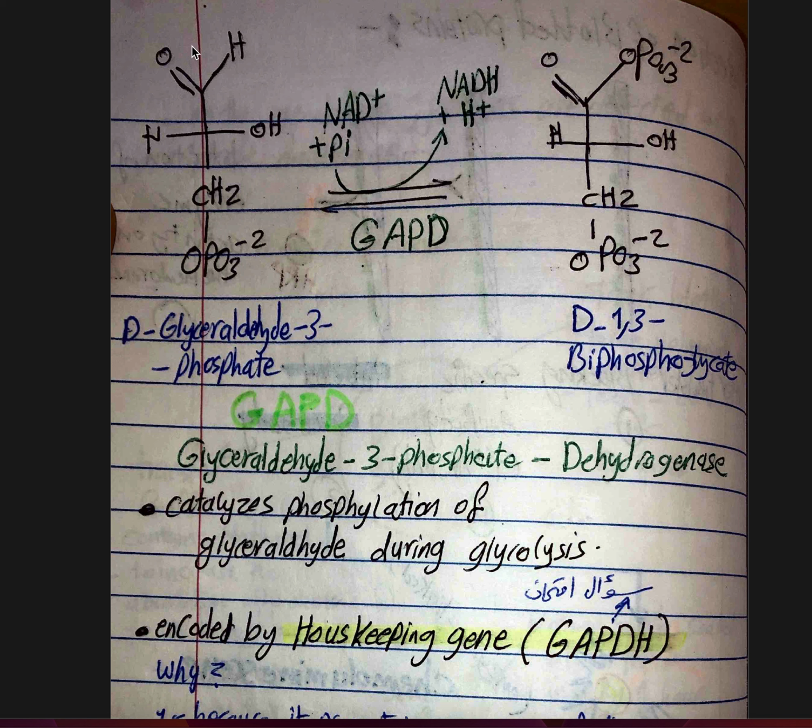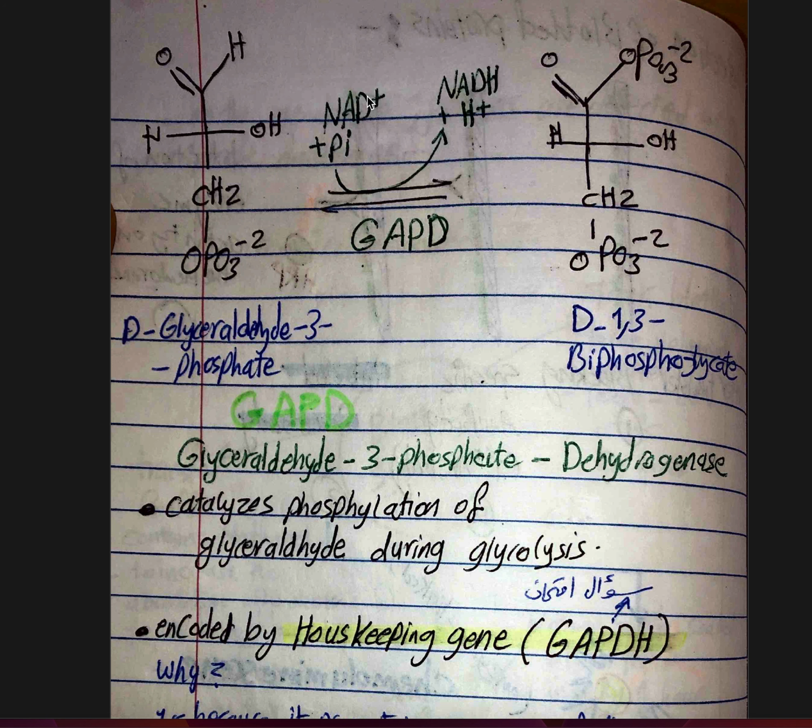Again, we have D-glyceraldehyde 3-phosphate acted on by glyceraldehyde 3-phosphate dehydrogenase, which uses NAD positive plus P to produce NADH plus H positive, and the result is D-1,3-bisphosphoglycerate. This is so important for glycolysis, because it phosphorylates glyceraldehyde.